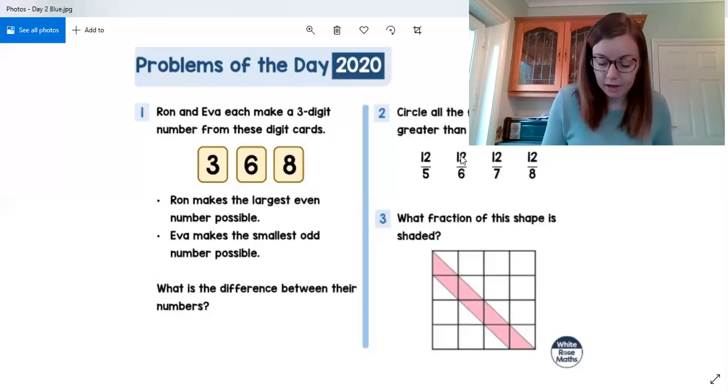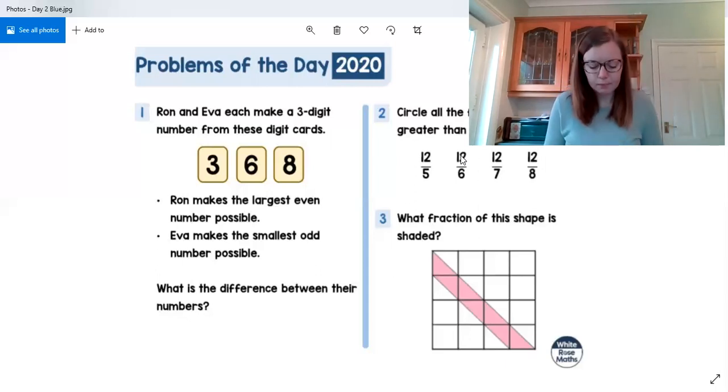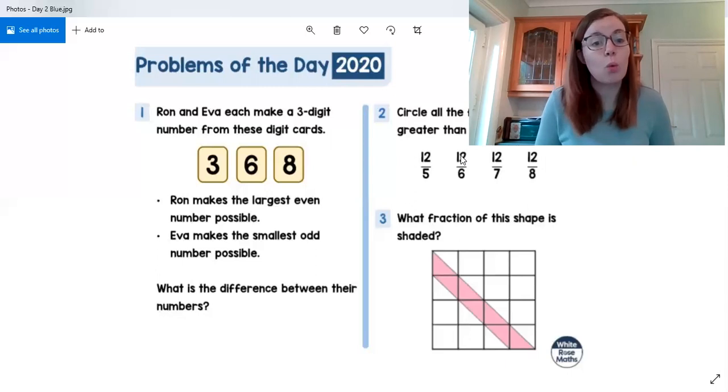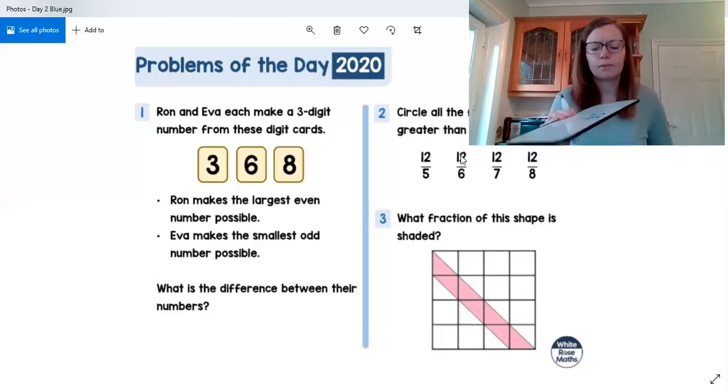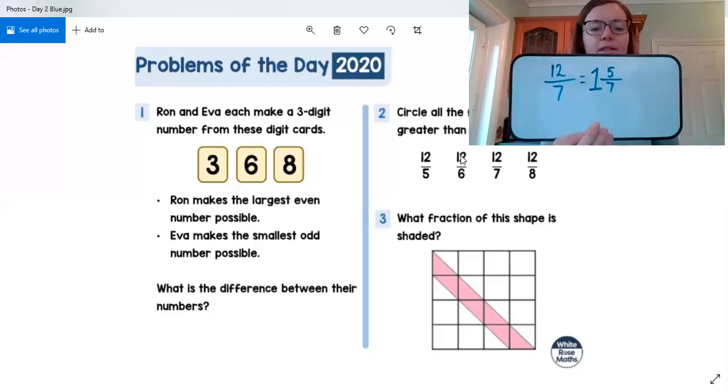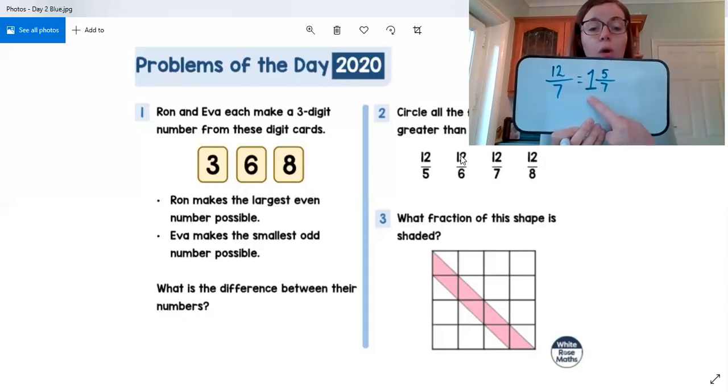So I can fit 1 whole pizza. And then what is left, or what is the difference between 7 and 12? I'm going to do my subtraction, or I'm going to count on to find that that is 5. So 12 sevenths is the same as 1 whole and 5 sevenths.